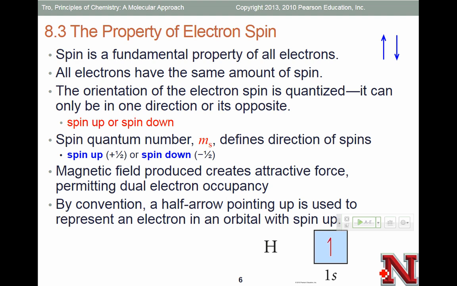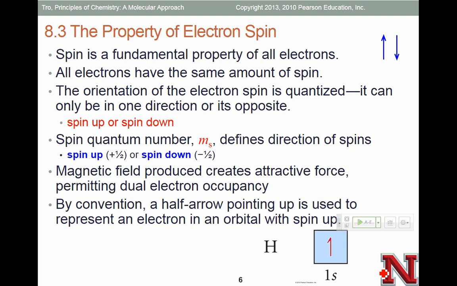Typically, each electron is represented by a half arrow in an orbital, and here we're showing our orbital as a box, but later on we'll evolve to just showing our orbital as a line. But either way, we're showing an orbital there, and an electron is either shown as spin up with a half arrow or spin down with a half arrow, where the half arrow is pointed down.